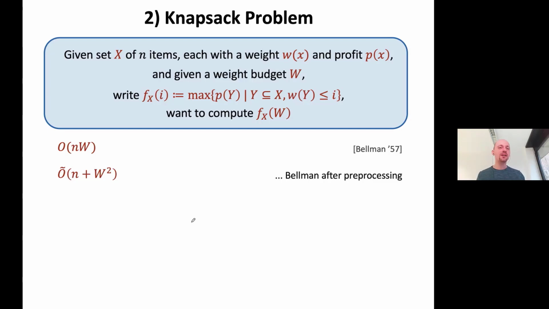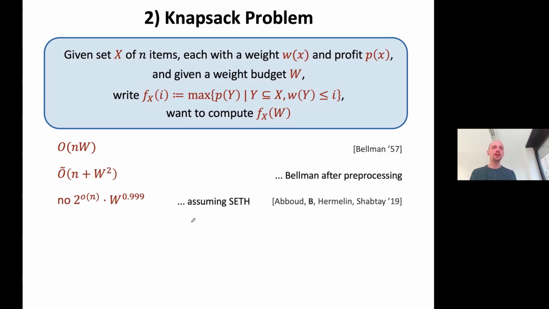You can ignore all the other ones, and if you think about it, this leaves basically W times log W many items that you're left with. And so Bellman, after preprocessing, gives n plus W squared. It's a generalization of subset sum, so you cannot solve it in time sublinear n W times 2 to the log of n.